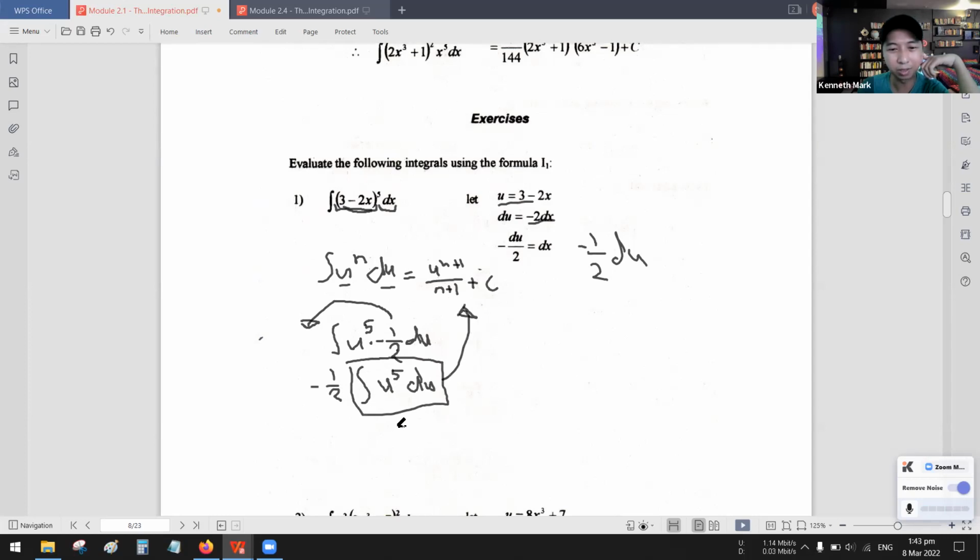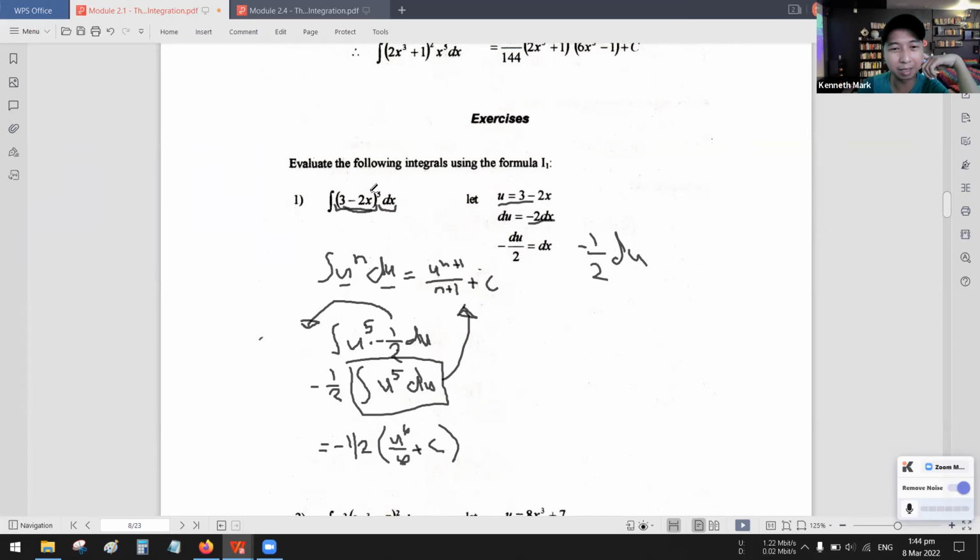So therefore, you will have that is equal to negative 1/2 multiplied by u raised to 6 over 6 plus c.